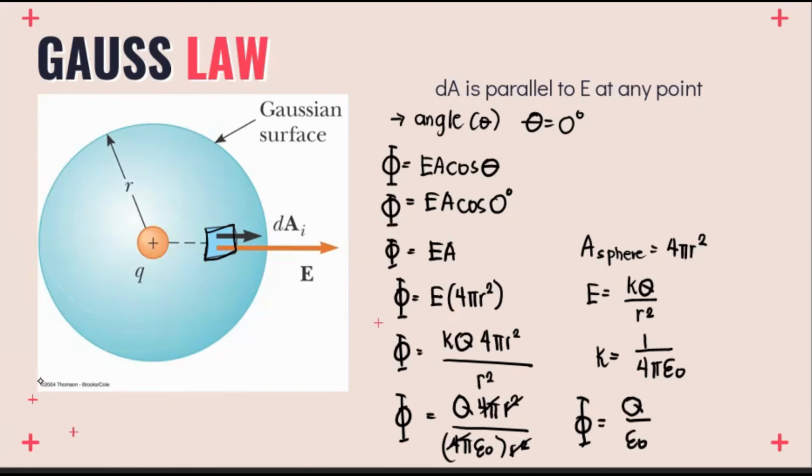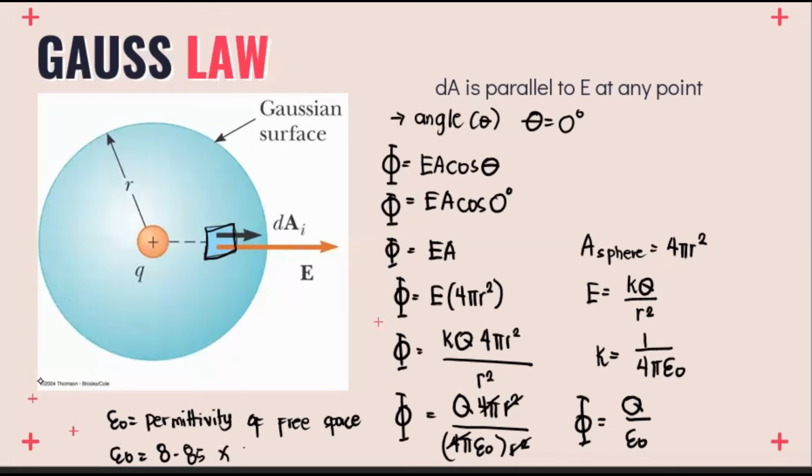Okay, what is epsilon naught? Epsilon naught is what we call as the permittivity of free space. So it is also equal to the value of 8.85. So this is a constant value, 8.85 times 10 raised to negative 12 Newton meter squared. Okay?